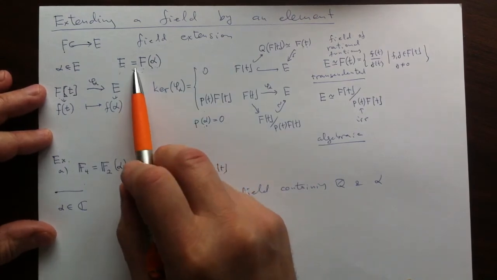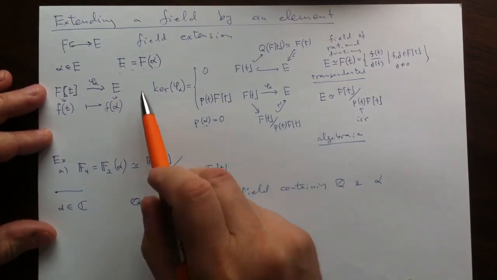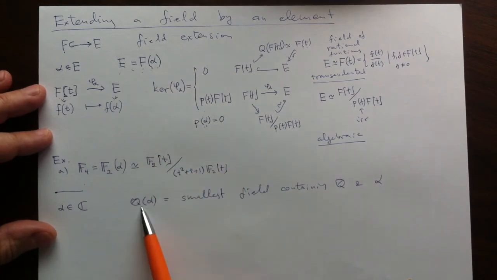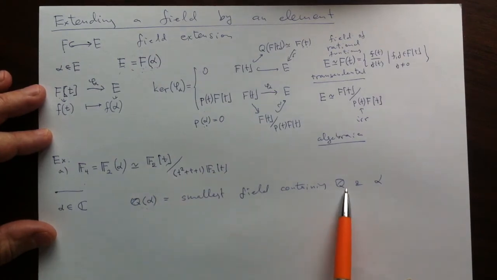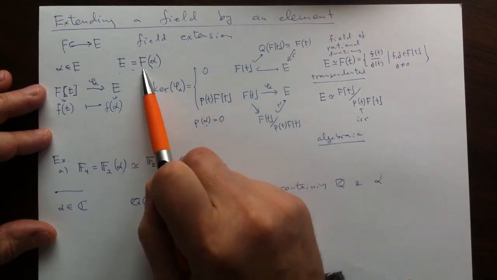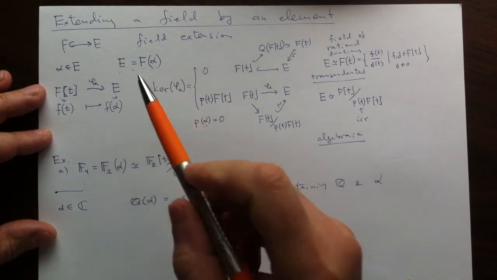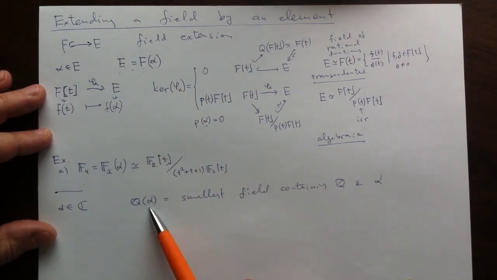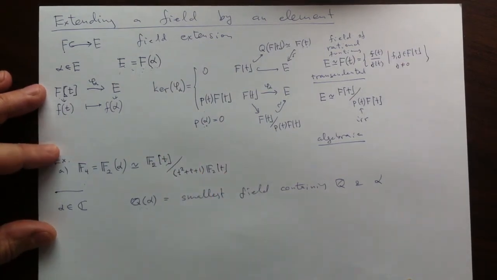You could see that that meaning fits into this scheme, that really this will be a field extension generated by rationals and a single element alpha. So if we define it to be the smallest field containing rationals and alpha, we could see that this indeed satisfies the condition here. It is an extension of rational numbers by a single element alpha, just by the construction.